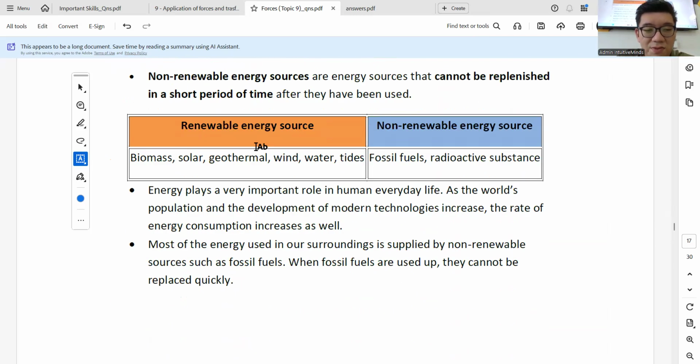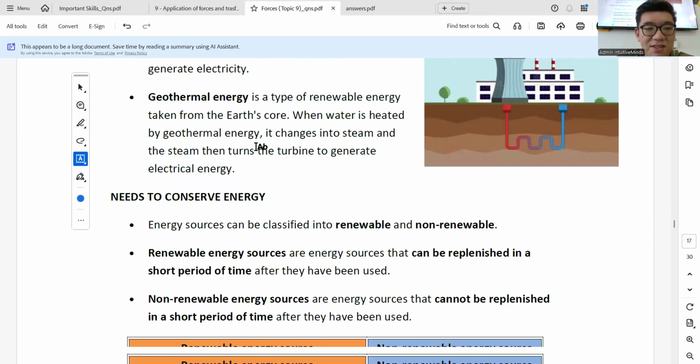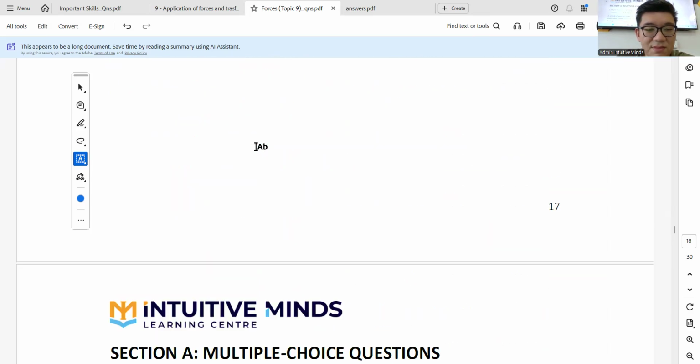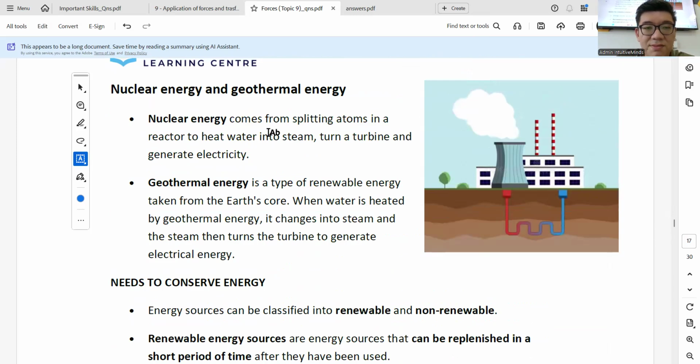Nuclear, you can read this. I talked about it just now, how Russia and Ukraine have nuclear power plants. It's caused by splitting the atoms. So I give you an example. You know atoms, right?